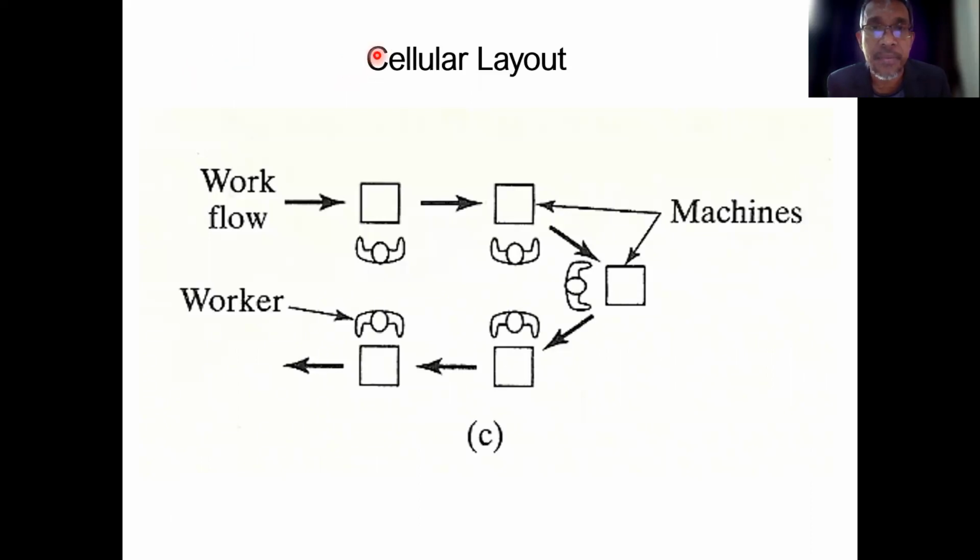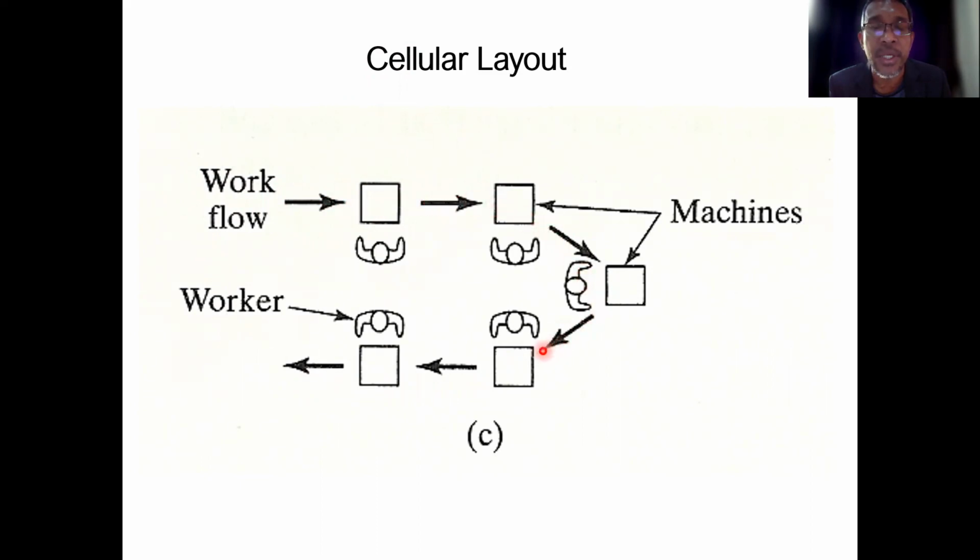So this is an example of the cellular layout. We have a U-shaped production system here. So the workpiece, workflow, material comes in this way, and then we have machine and operator. They have a conveyor to move the workpiece to the machine side.